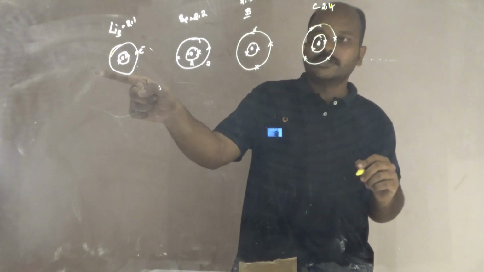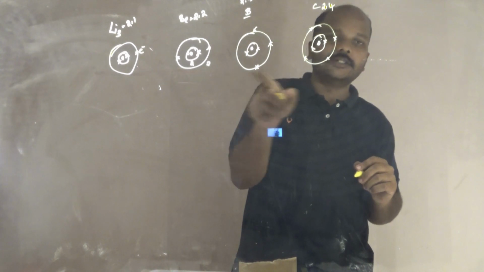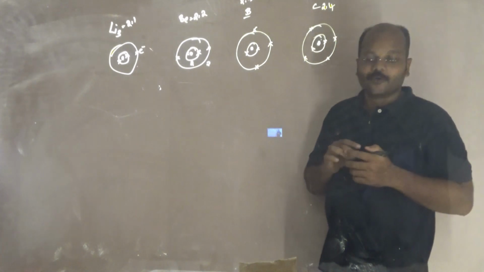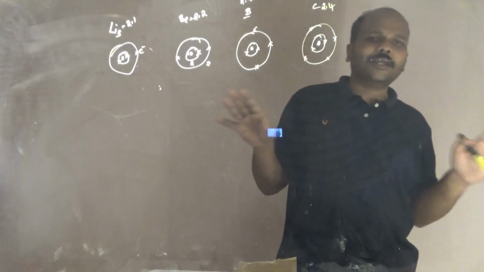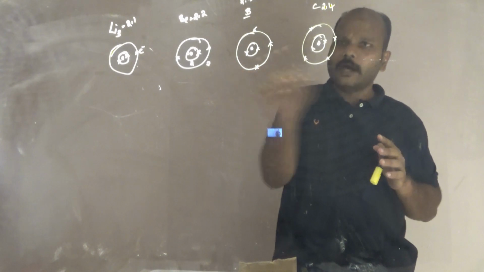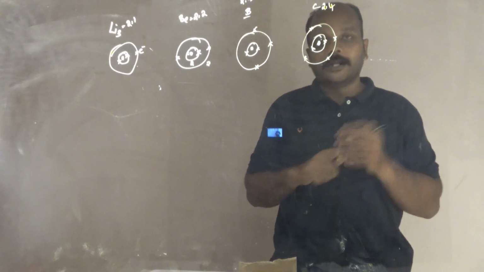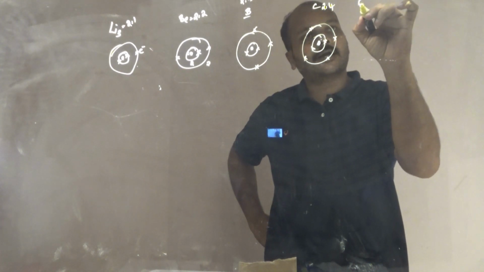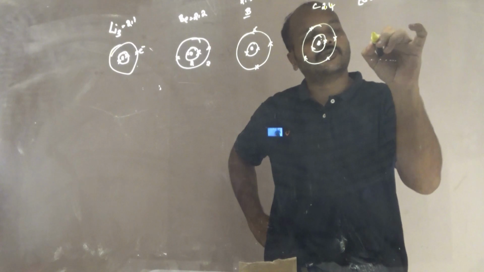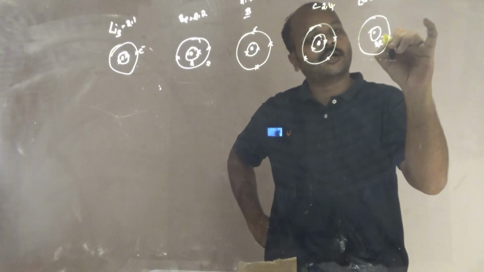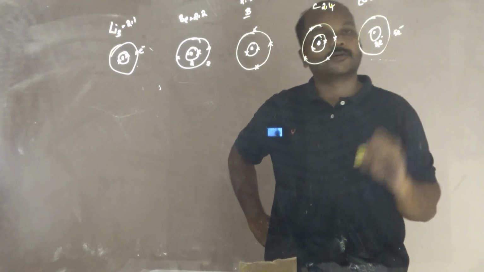So the elements in the same period have the same number of shells. Next to carbon is nitrogen, which has atomic number 7, so the first shell has 2 electrons and the second has 5 electrons.